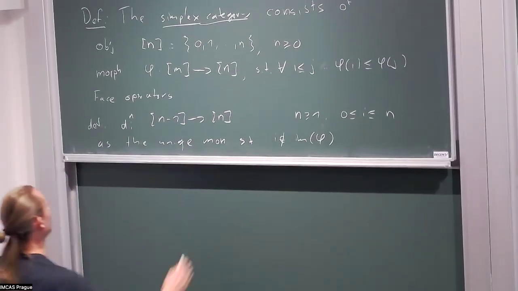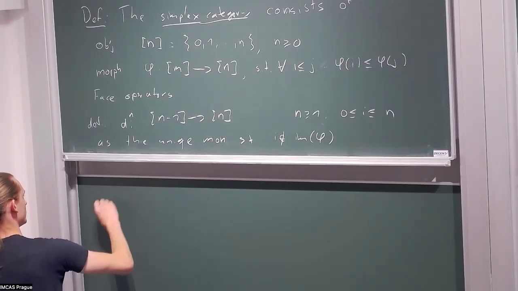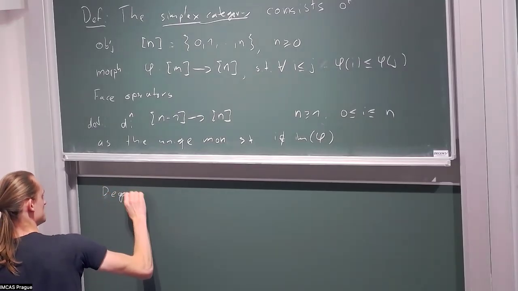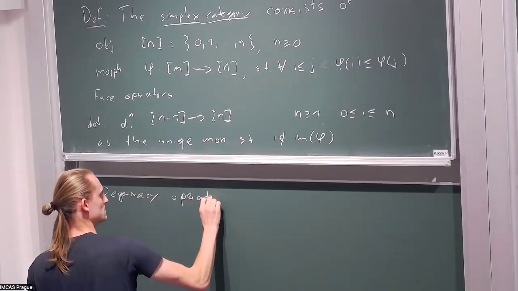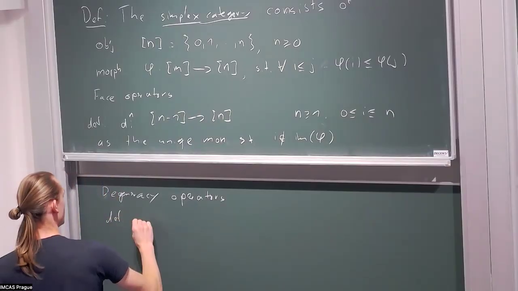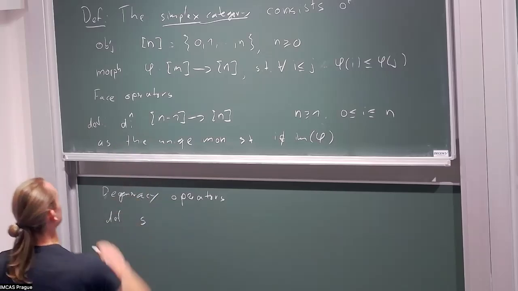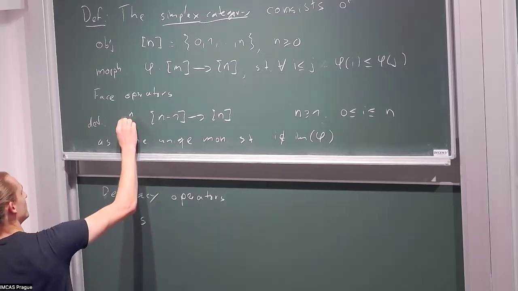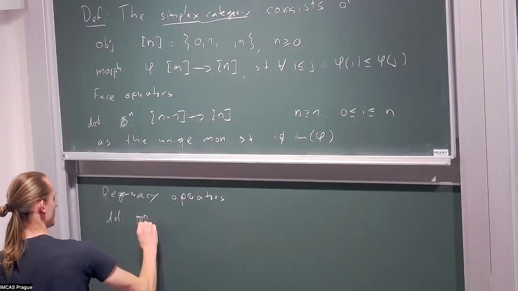Those are the face operators, and the second distinguished morphisms are the degeneracy operators. Here I don't want to use the notation d but delta, and here I want to use sigma_i.